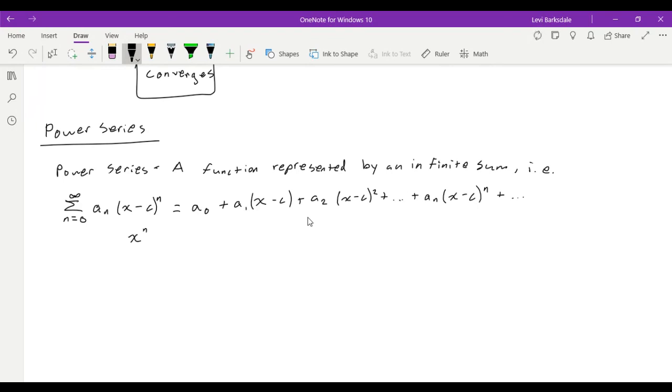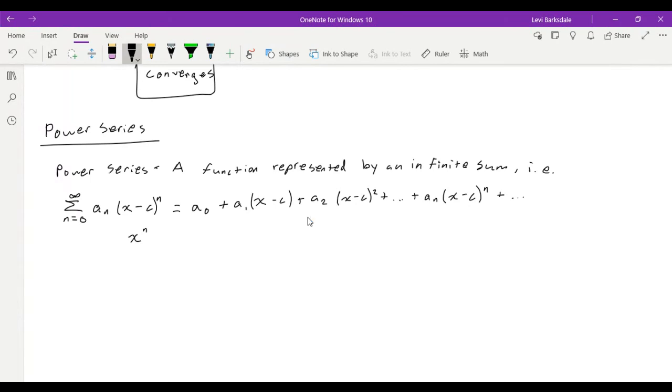Now, the really useful thing about this power series is it can actually be used to represent any non-polynomial function, or at least a lot of non-polynomial functions. For example, you can actually write cosine and sine as infinite polynomials using a power series.